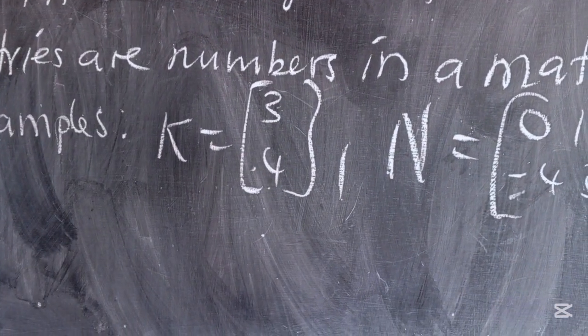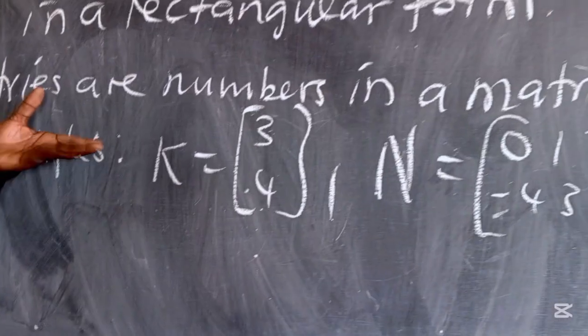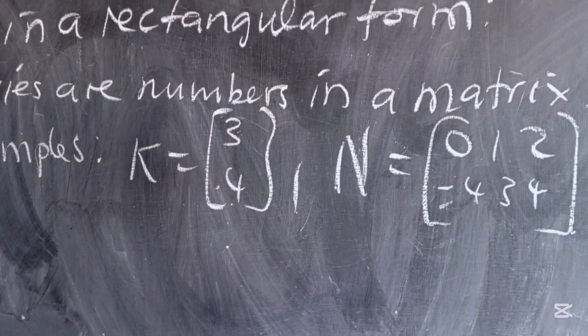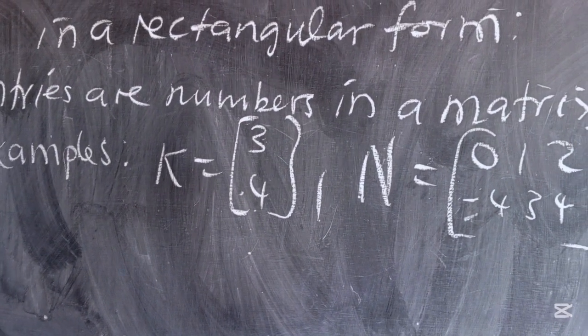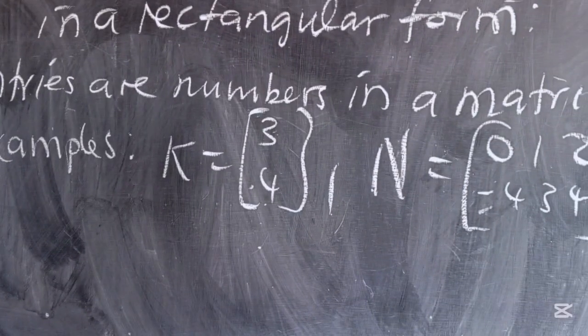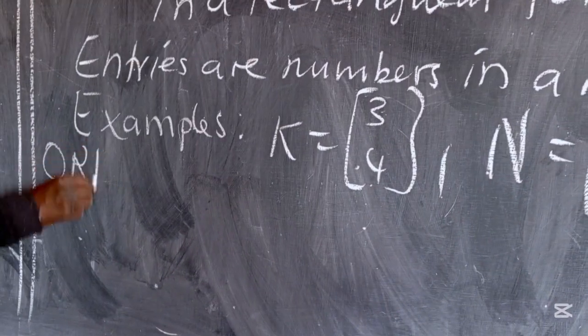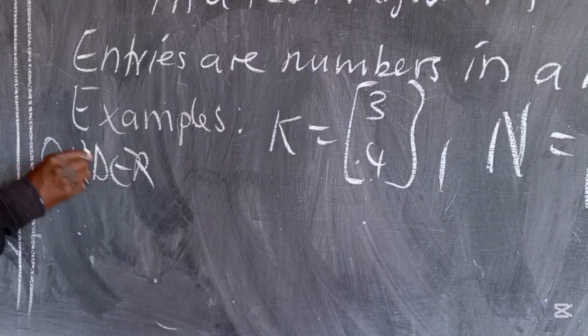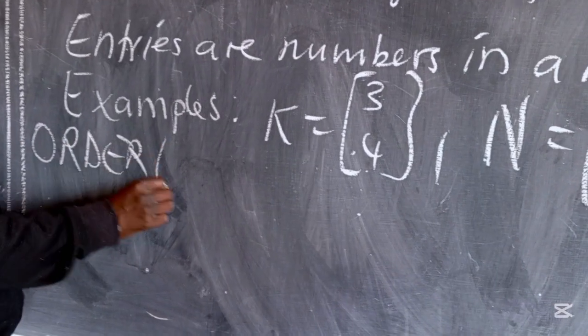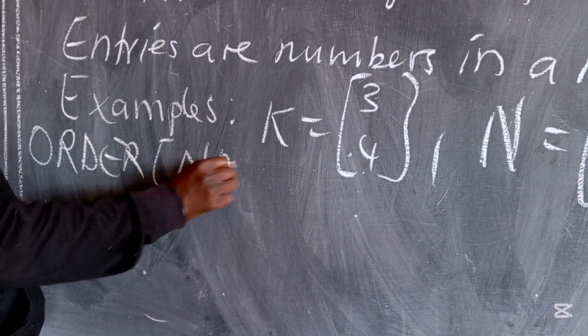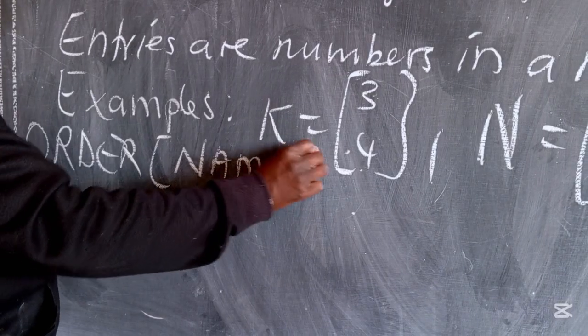So far I've said this is the arrangement of numbers in rows and columns. Now allow me to talk about the order of the matrix. When we talk about the order of the matrix, we talk about the size of the matrix.